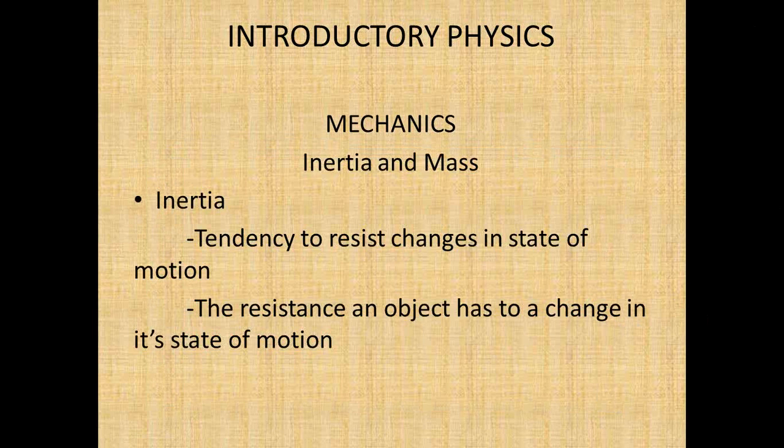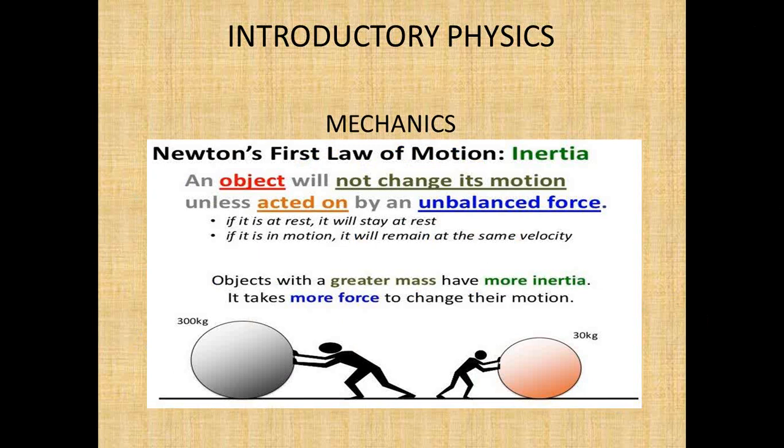And we went into the definition of inertia and mass. So inertia is a tendency of an object to resist change in its state of motion. In essence, it's the resistance an object has to change in its state of motion. And inertia and mass are the same thing.